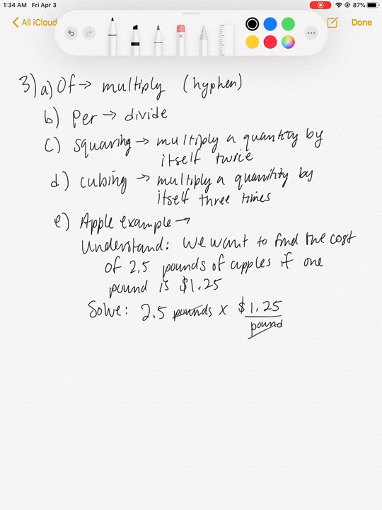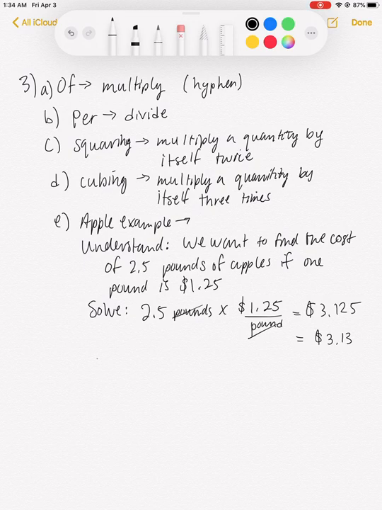So those pounds will cancel at diagonals, they'll simplify. And when we multiply 2.5 times 1.25 on our calculators, we'll get 3.125. But since money is down to just hundredths or cents, we round that to $3.13.